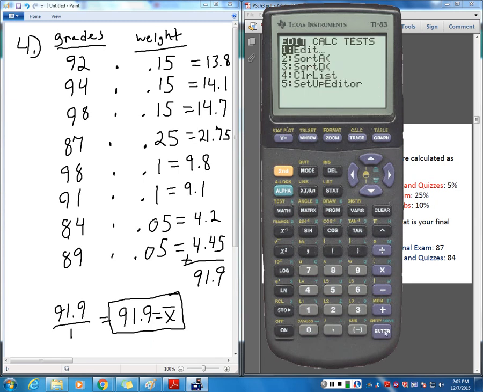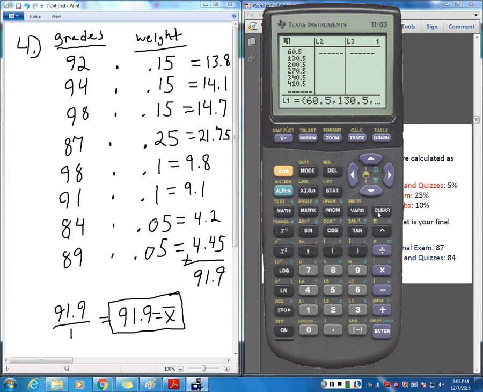If I go to Stat and Enter, I'm going to clear off my old list. In list 1, I'll put in the grades. Once all those are in, list 2 will be the weights. Make sure to put the right weights with the right grade.